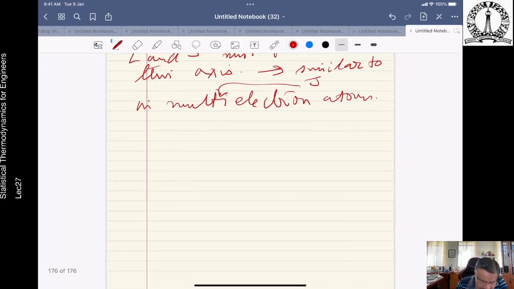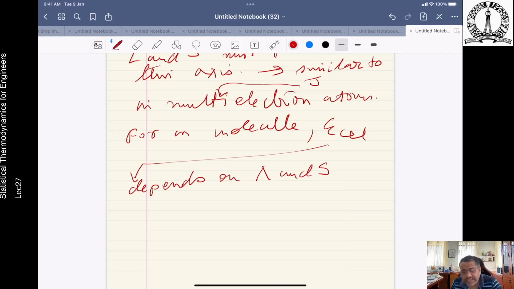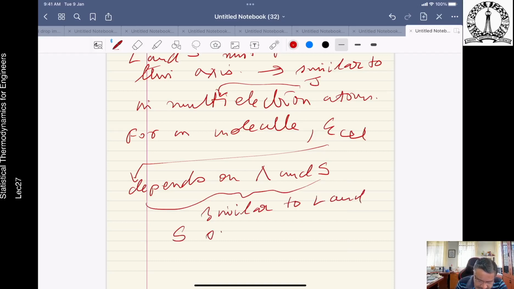So for a molecule, the electronic energy depends on these two quantum numbers. This is similar to the L and S dependence for an atom.